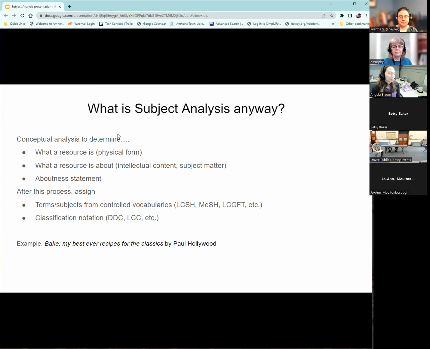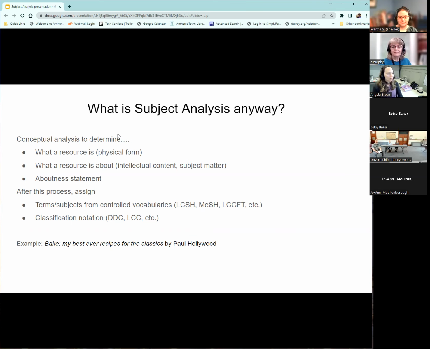My little example here to explain this is a new book by Paul Hollywood called Bake: My Best Ever Recipes for the Classics. The resource is a book, so that's its form, and it's about baking, that's its content, and it includes recipes for cakes, cookies, scones, breads, and other baked goods. That's the subject matter.